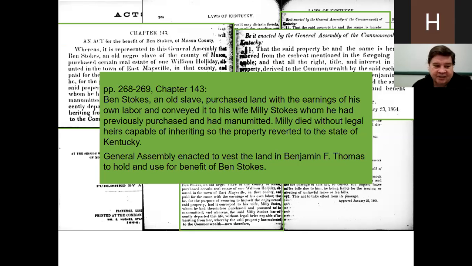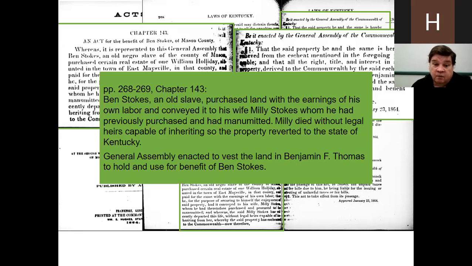In this case, the outcome was so egregious and so crazy and so wrong that even the state of Kentucky in 1863 thought it was ridiculous. And so they came up with this other plan that they're going to put the land in the ownership of Benjamin Thomas, whoever that might be. It's entirely possible he was Ben Stokes' slave owner, or he could have been somebody else.